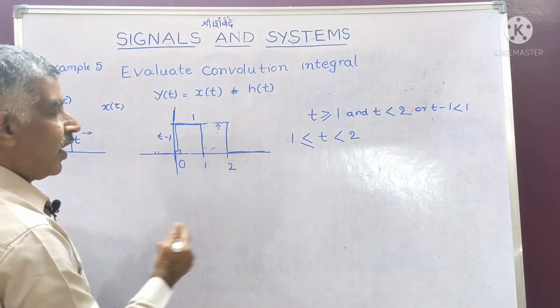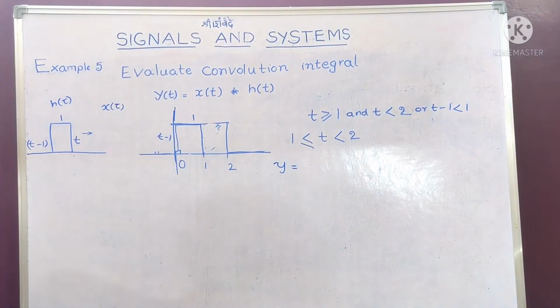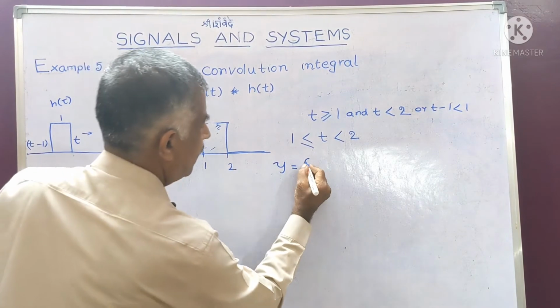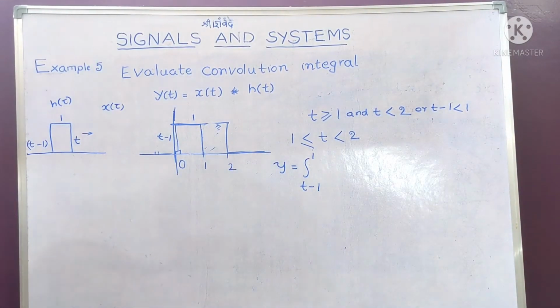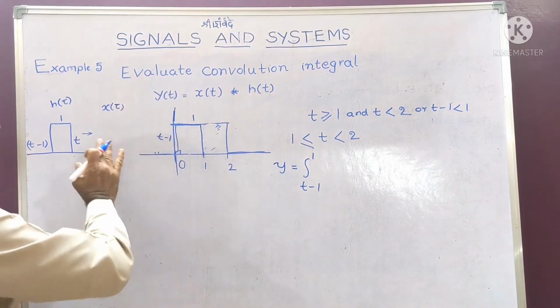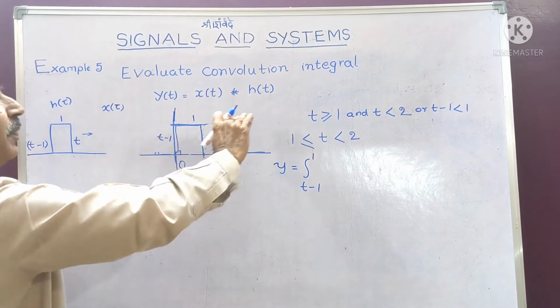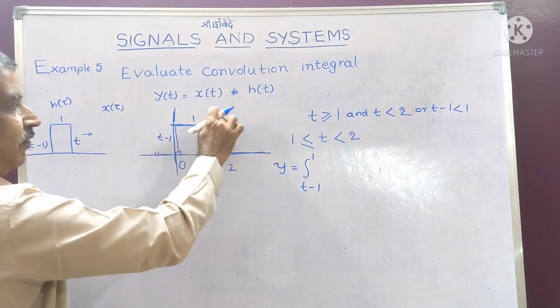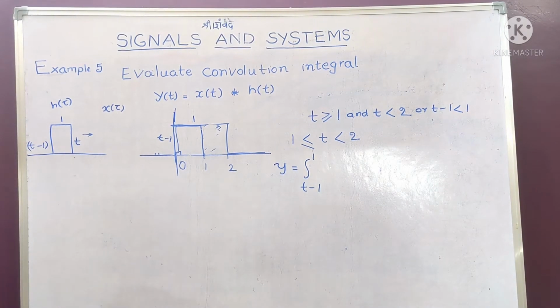Is it not? Therefore I have to take both, y of t equal to, so from t minus 1 to 1. The t minus 1 edge is moving this way because this portion of the waveform is also creeping the area.